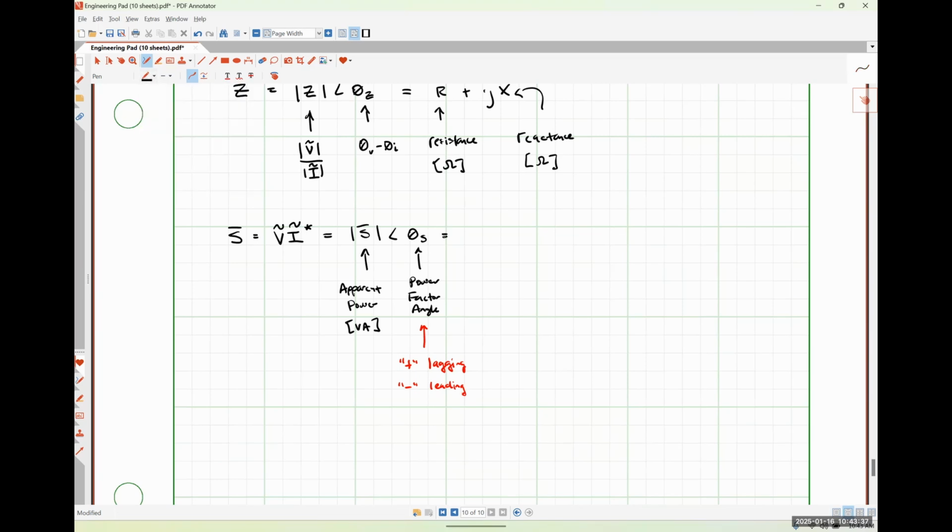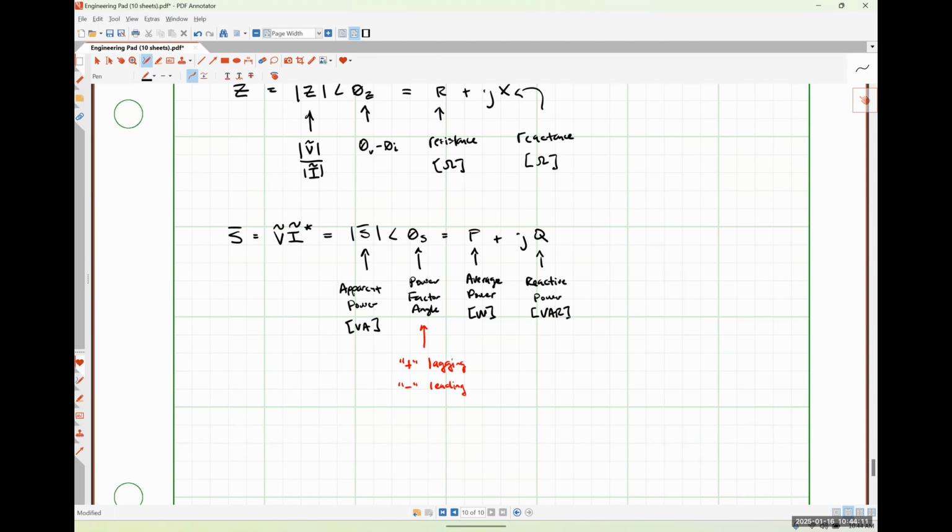In rectangular form, our complex power can be split up into our average power, measured in watts, plus J times Q, where Q is our reactive power, measured in volt amperes reactive.